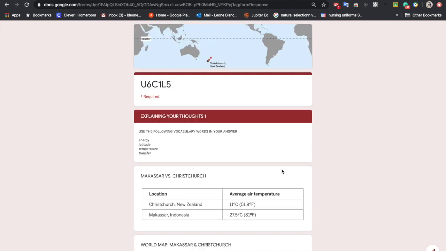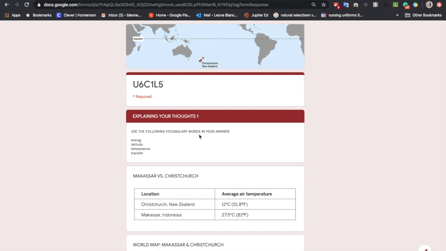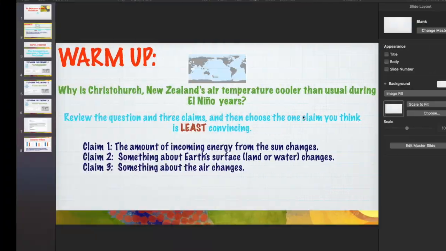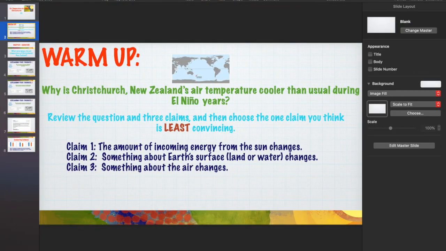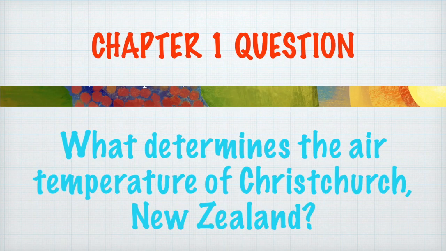All right, so I'm going to go back to our slide here. And when we look at the chapter 1 question, it says, what determines the air temperature of Christchurch, New Zealand? And as of right now, our only real information we have about that is location, how close it is to the equator.